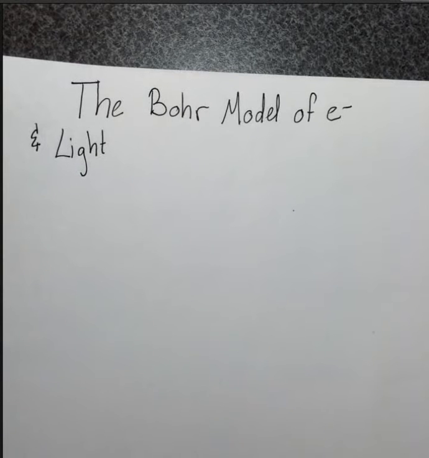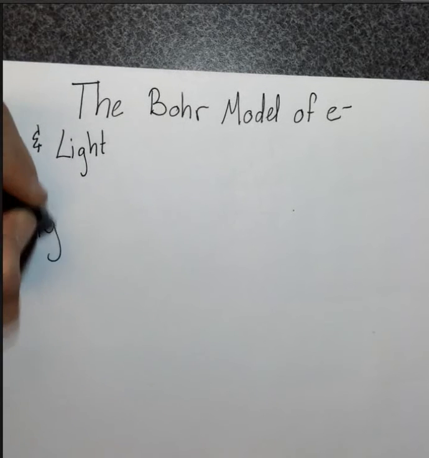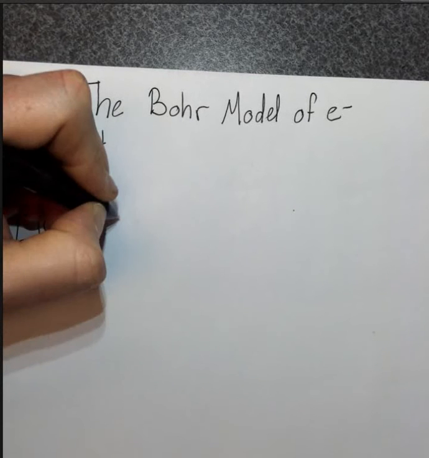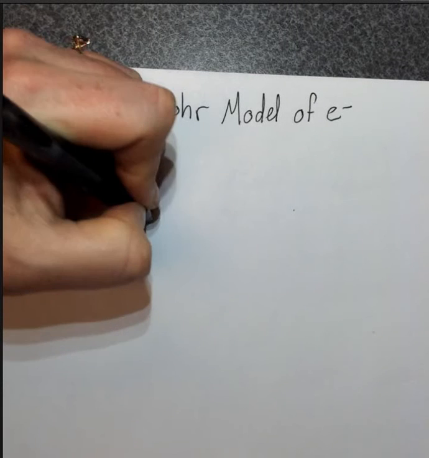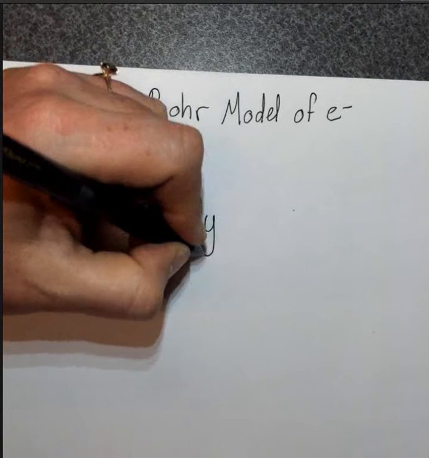The title of these notes is the Bohr model of electrons and light. The first thing I want you to know is that light is energy.